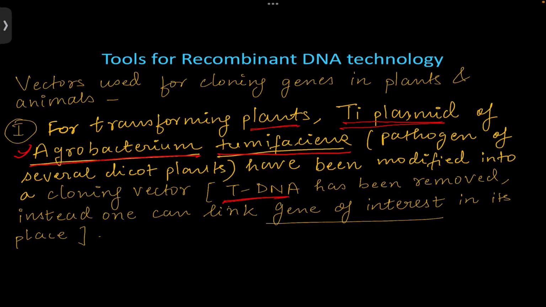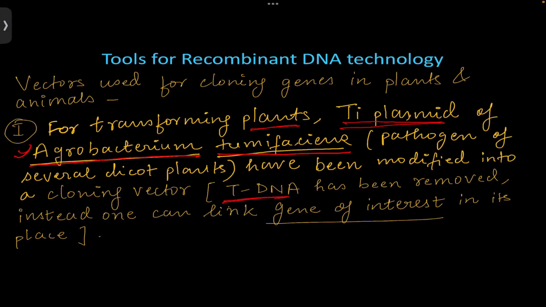Instead, in place of T-DNA, we can link our non-harming gene of interest within the Ti plasmid, and now allow the Agrobacterium tumefaciens pathogen to infect the plant cells.